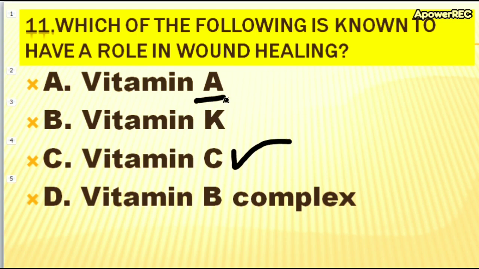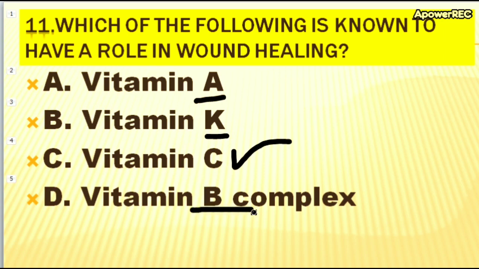Vitamin A deficiency causes diseases of the eye like xerophthalmia and night blindness. Vitamin K helps coagulation, so vitamin K deficiency causes bleeding disorders.